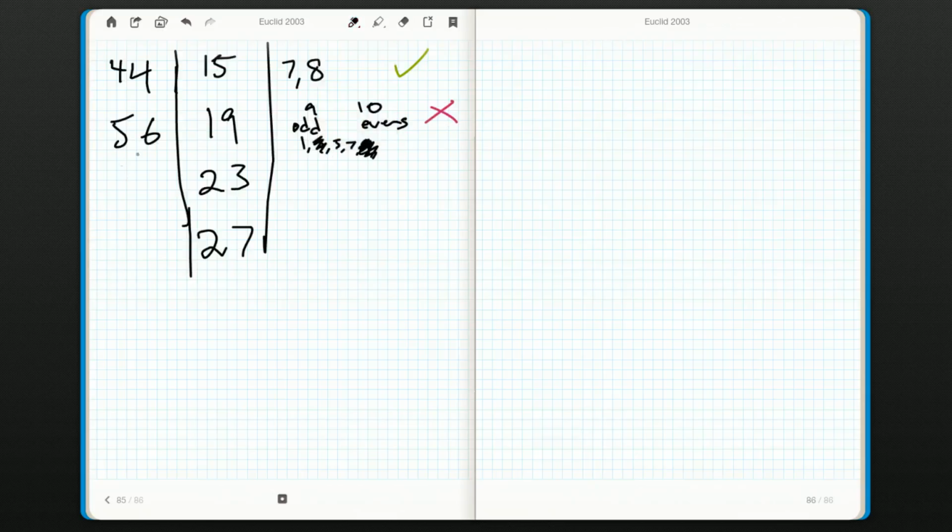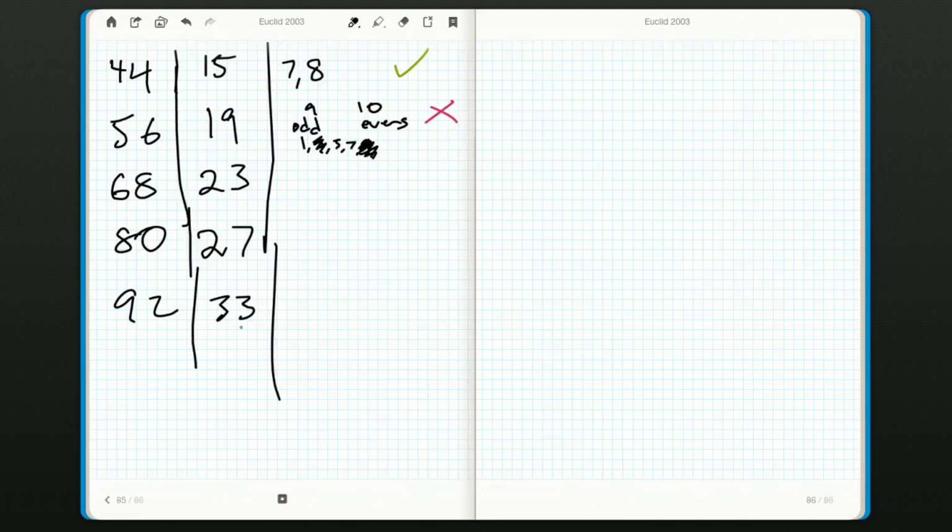Our next number, we had 12, so we get 68, and then we'll have 80, and then we'll have 92, and then we'll finally be done this question. 31.